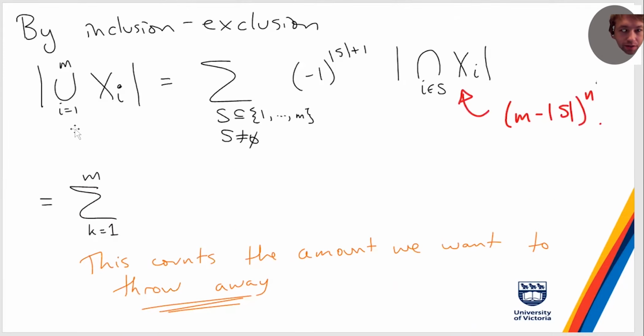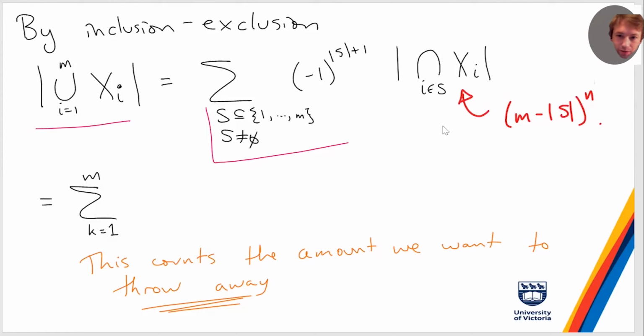Okay, so what we want to do is compute the size of this union, right? And we know how to do that because we know how to do inclusion-exclusion. The inclusion-exclusion formula, which I suggest memorizing, or at least practice using, so that you know how to solve these problems. There's lots of practice on this in the practice problems. So it's equal to the sum over all subsets S of 1 up to m which are not empty, of (-1) to the size of S plus 1, times the size of the intersection over all i in S of x_i.